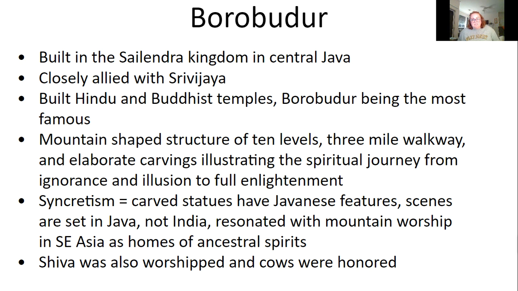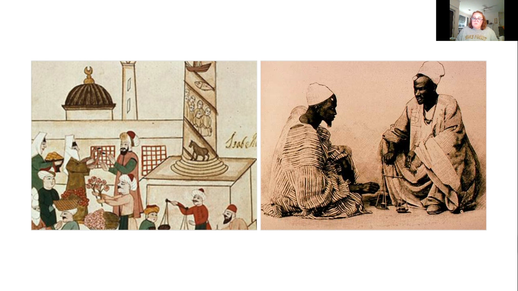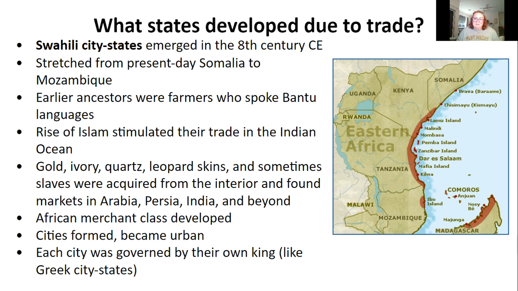And then you also see what's called syncretism, carved into these statues with Javanese features. And these would be scenes that were set in Java, not in India, because it resonated with mountain worship in the Southeast Asia region. And Shiva was also worshipped, and cows were also honored here.